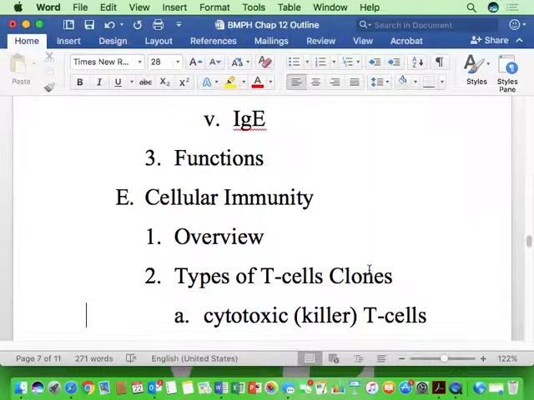And when it does this, then, it's going to allow water to enter the cell, and it also allows granzymes to enter the cell. And granzymes are just enzymes, they're protein-destroying enzymes.